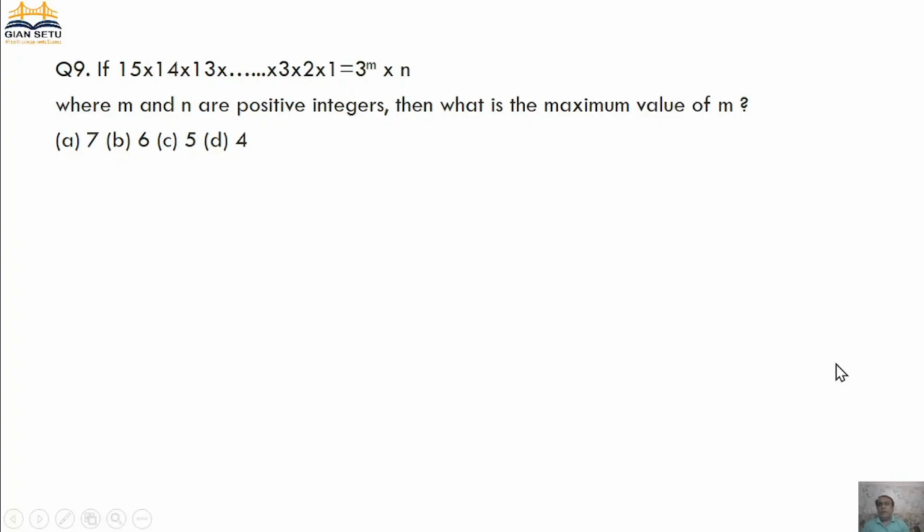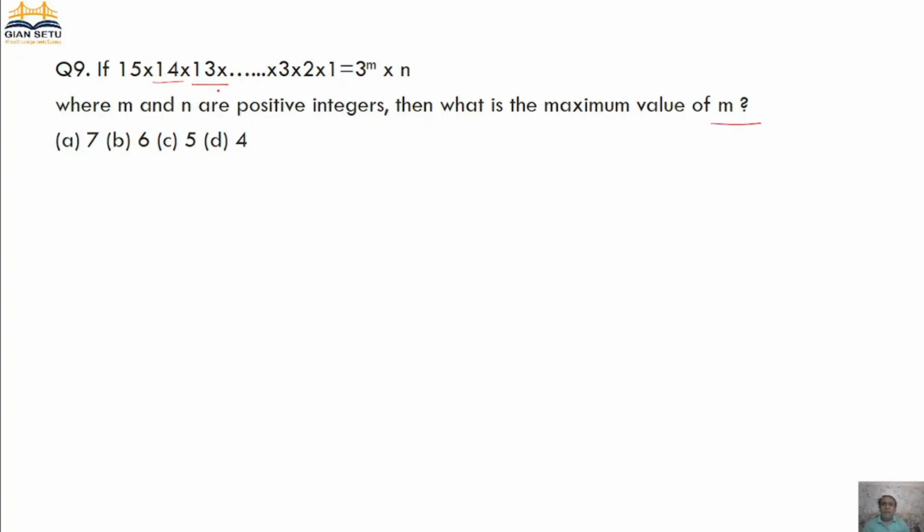Now question number 9 is 15 into 14 into 13, and so on to 3 into 2 into 1 is equal to 3 raised to power m into n, where m and n are positive integers. Then what is the maximum value of m?